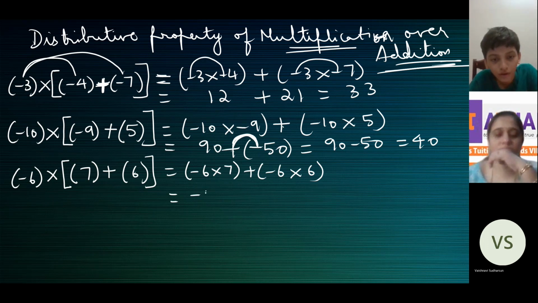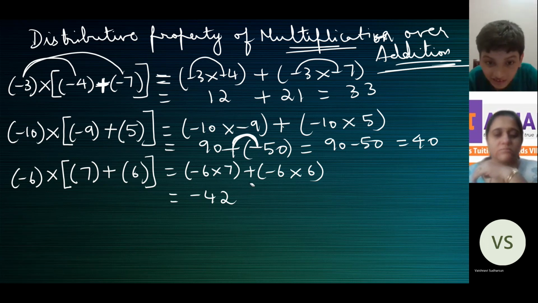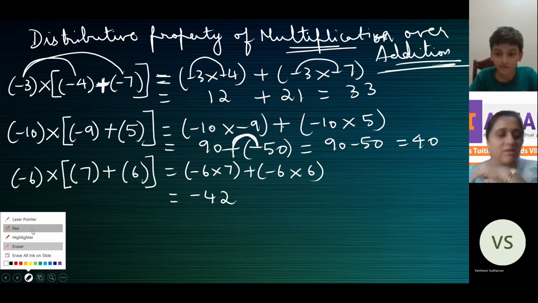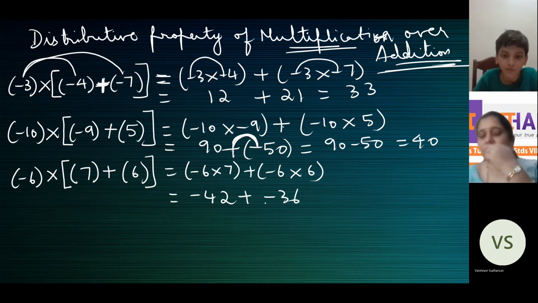Minus 42 and minus 36. What about this sign? Plus minus 36. Now plus minus cannot be together, no? Yes, ma'am. So you should put this in a bracket.